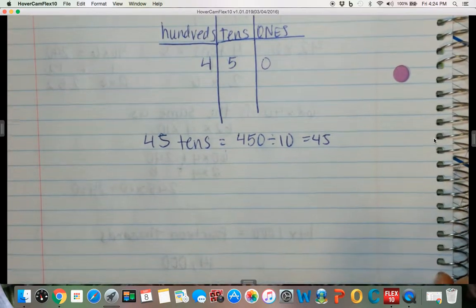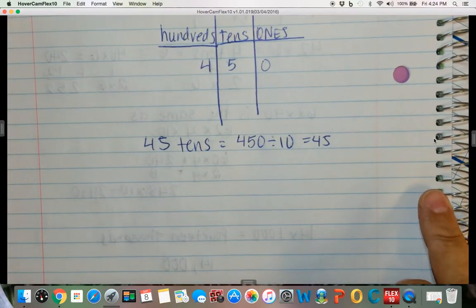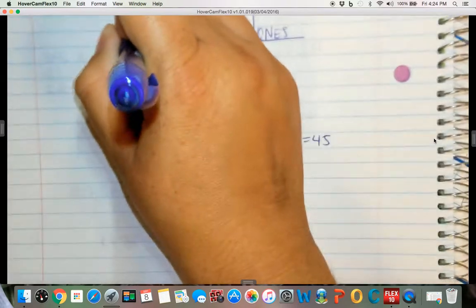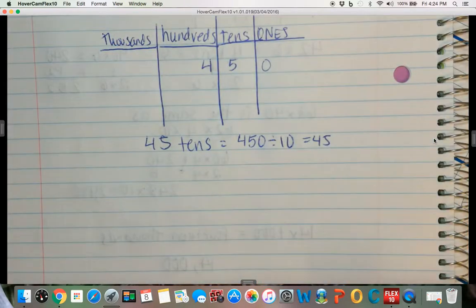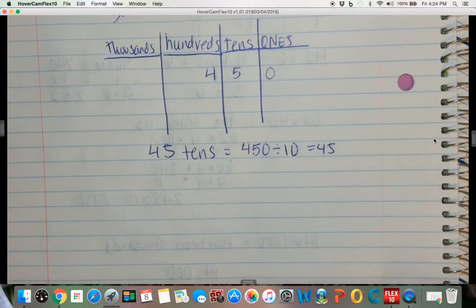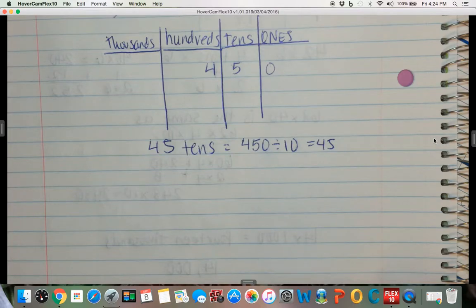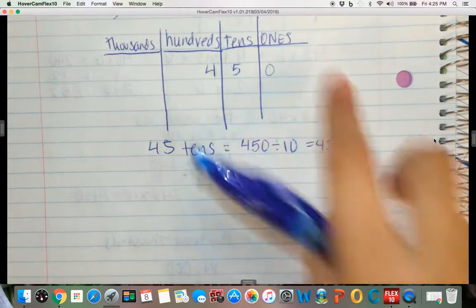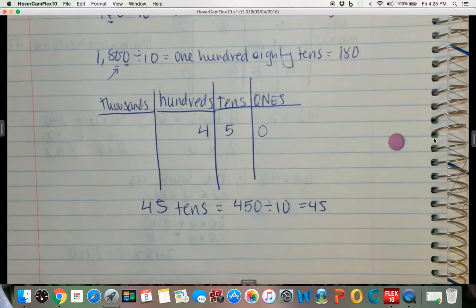What if it's different? What if I'm not dividing by 10? What if I'm dividing by 100? So I'm going to add a column here. Let's say my new problem is, let's take this 180 tens that we did up here and let's put it in our chart.